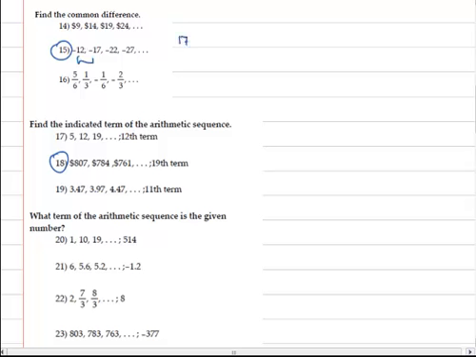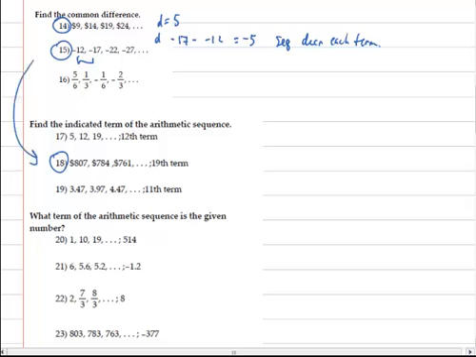It would be negative 17 minus negative 12, and that would be a difference of negative 5, which means the sequence is decreasing by 5 each term. On this one here, you would say that the d value for number 14 would equal positive 5.